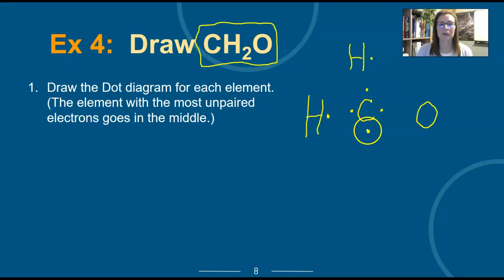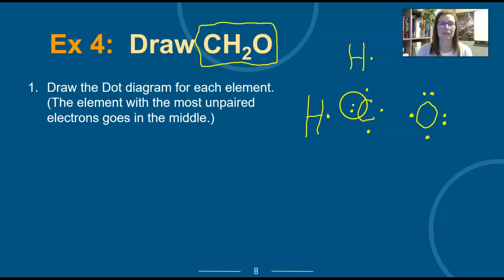Notice I put carbon in the middle because carbon has 4 single electrons. That means it can share 4 times, right? All of these other ones have less than 4, so I put them on the outside of carbon.